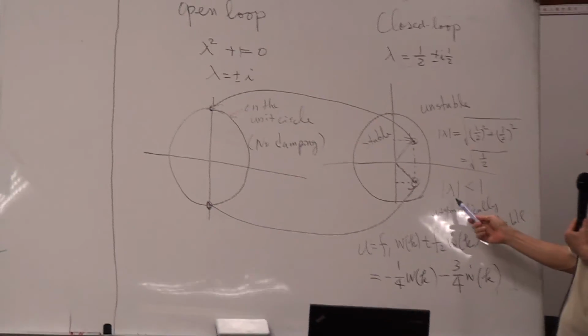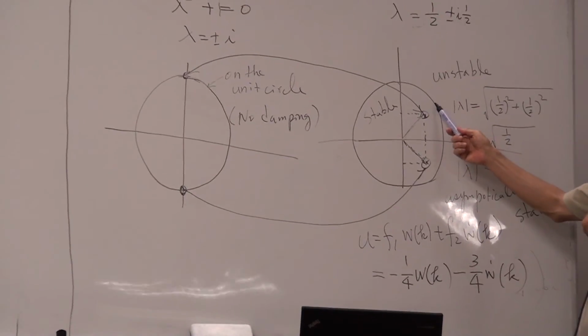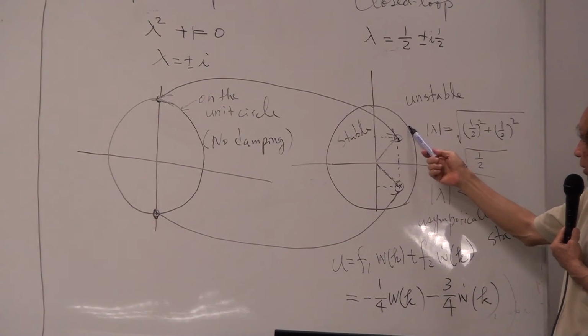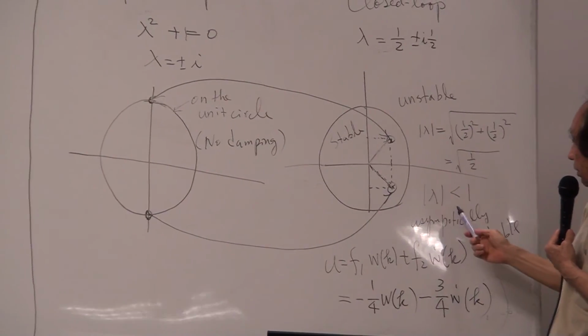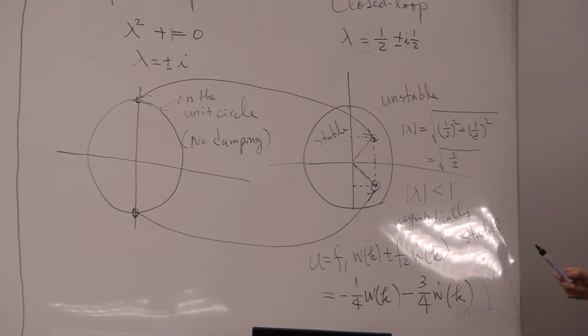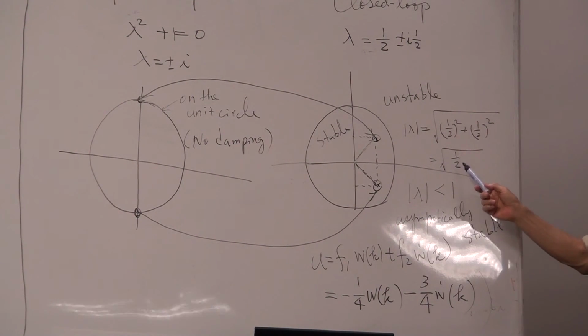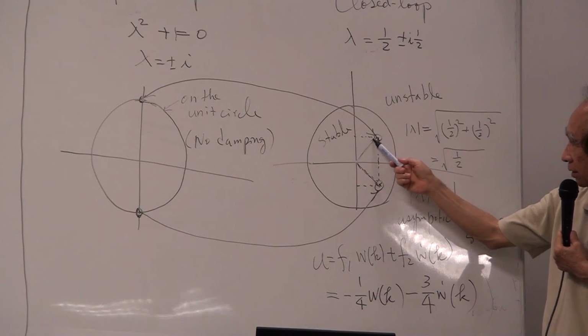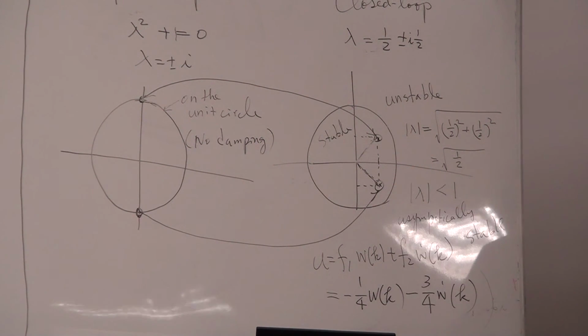As a matter of fact, this is really far away from the unit circle here, because the length is only square root of half. We consider this a very stable system.